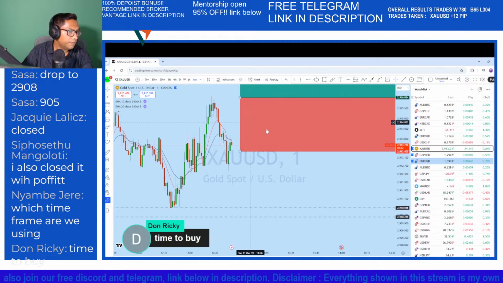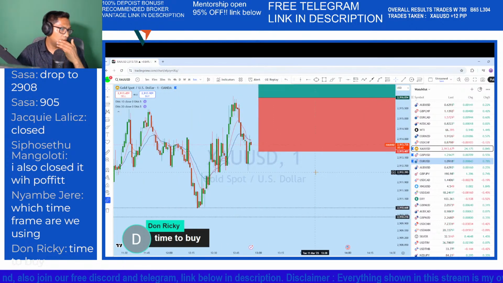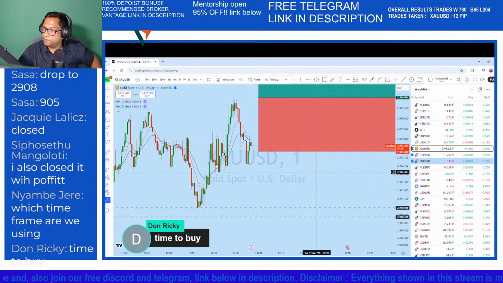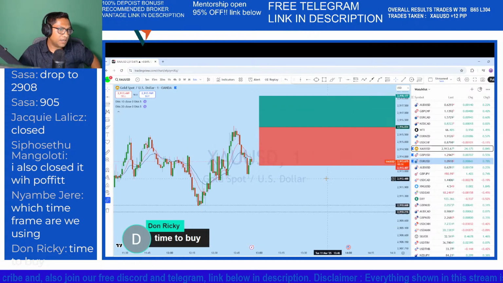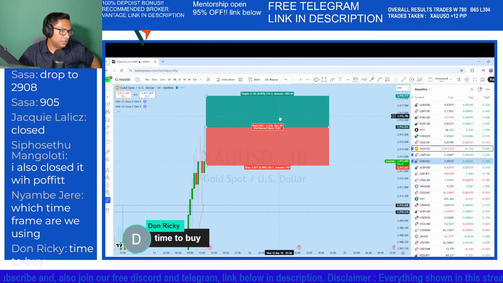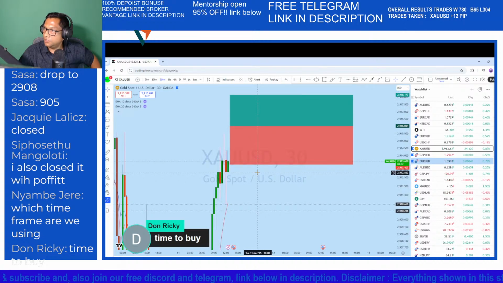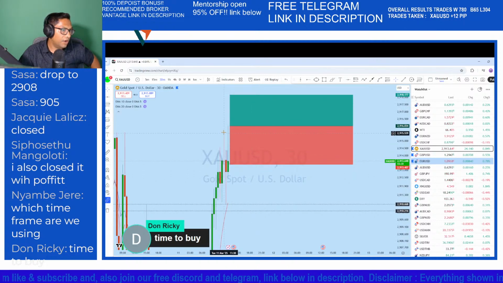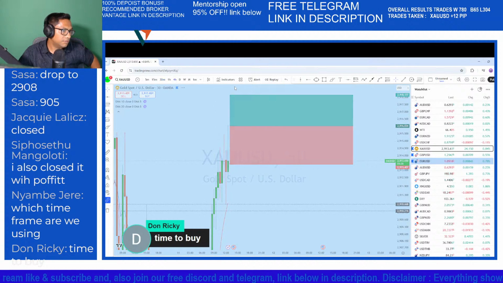So here, now it has tested the support, but at the same time let's wait to see if it is going up for another retest.